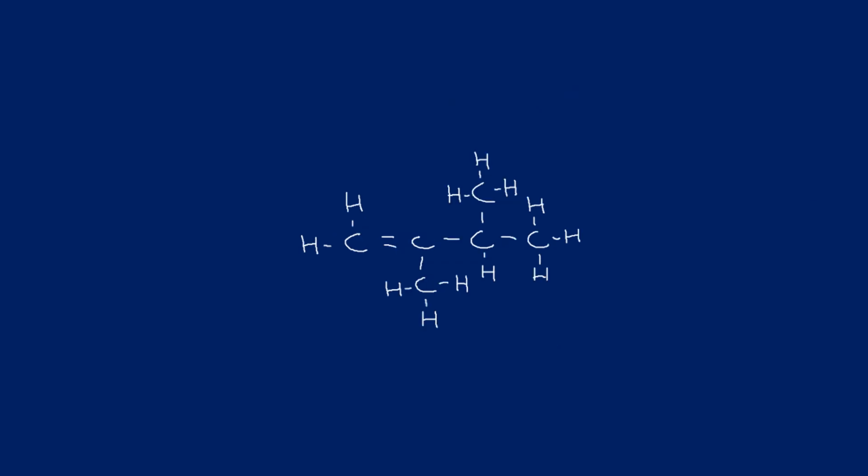Slightly more complicated example, this one then. So again, we can recognize it's an alkene, so we know it's going to have the suffix ene. But what we need to do now is identify the longest chain. Now, there are several possibilities here. We could just go straight through the middle, and that gives us 4. We could go this way, and that gives us 4.